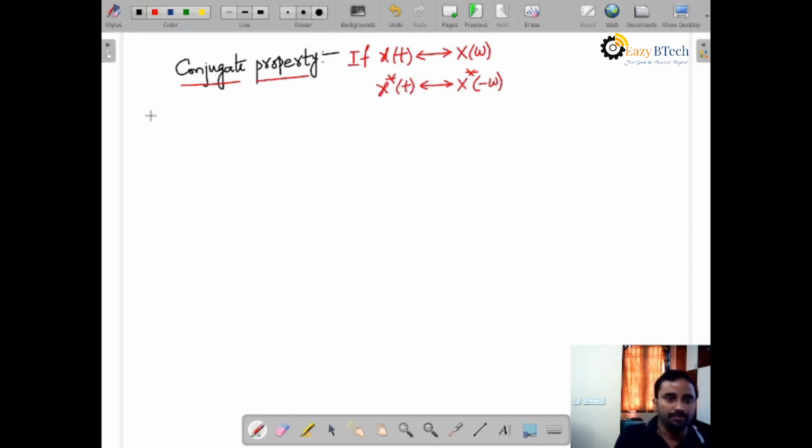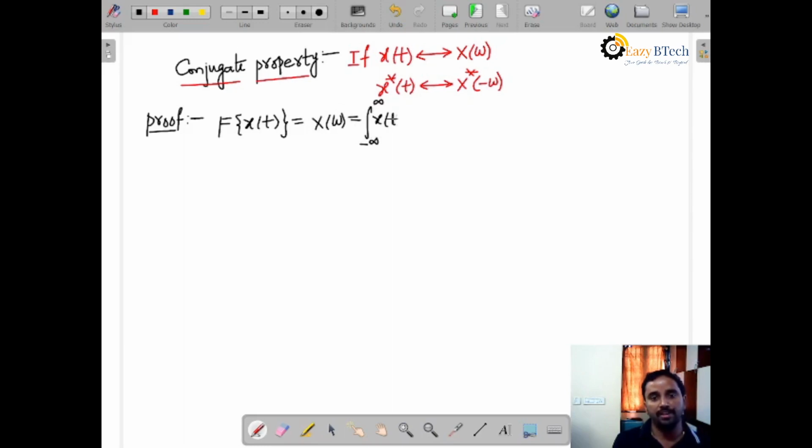So see the proof of this property. We know the Fourier transform of a signal x of t is x of omega, equal to the integral from minus infinity to plus infinity of x of t into e to the power minus j omega t dt.